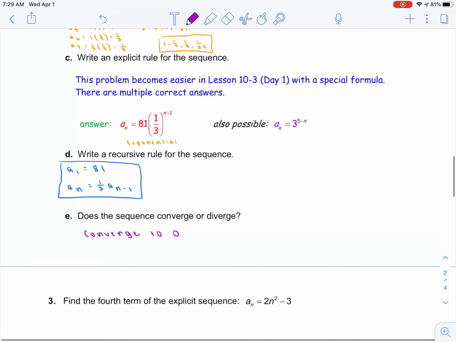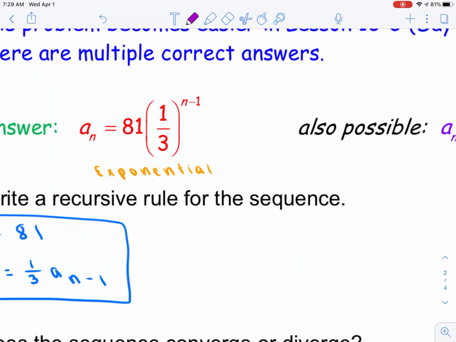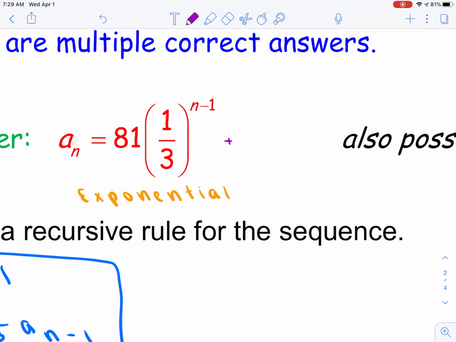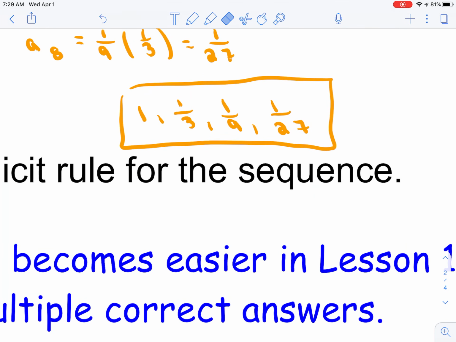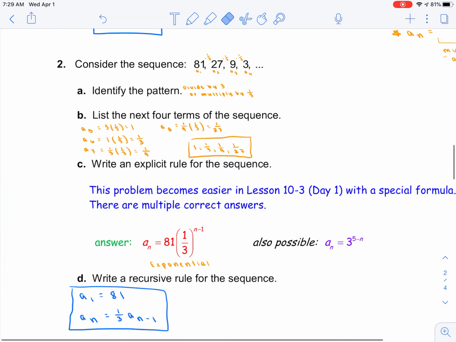Think about a horizontal asymptote here. Think about what value we're adding or subtracting at the end of this formula. It really would be 0, and remember that that value is always your horizontal asymptote value. So as a result, you're going to see that this right here is going to approach 0 and would converge.